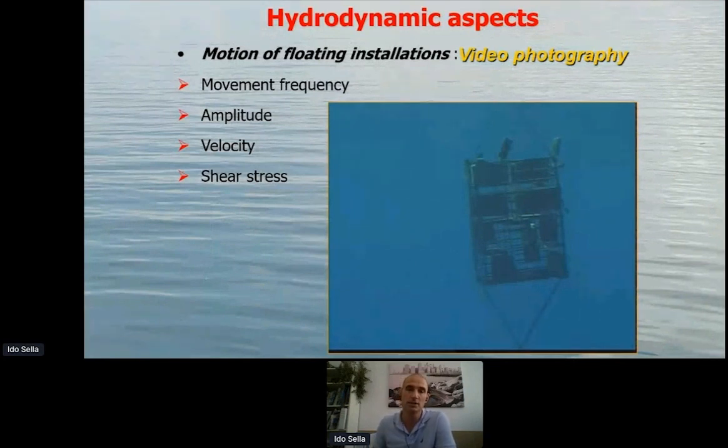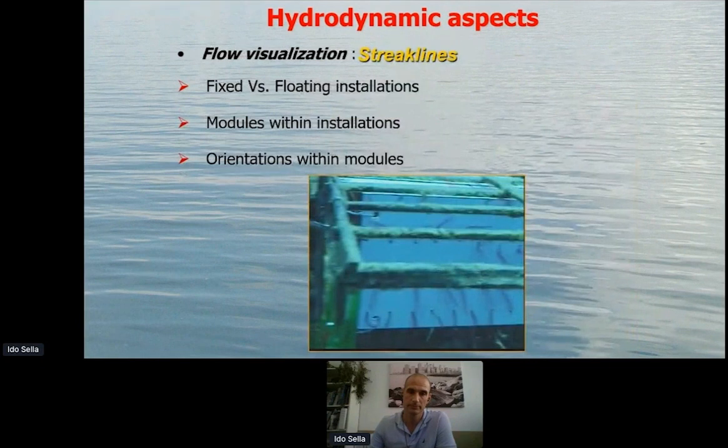For shear stress, we also use what are called tell-tale lines. We created fuzzy plates, attaching small feathers to the structures underwater, and video photographed their behavior in order to identify laminar or turbulent flow.